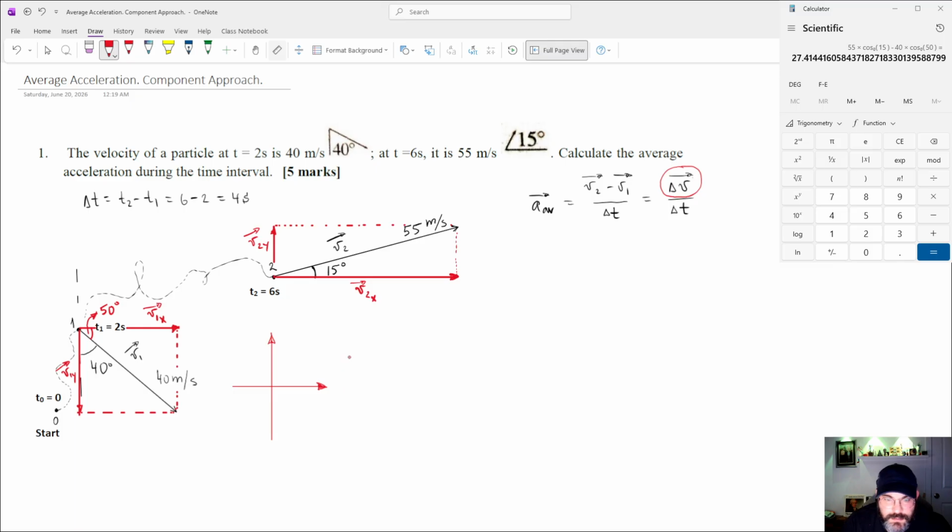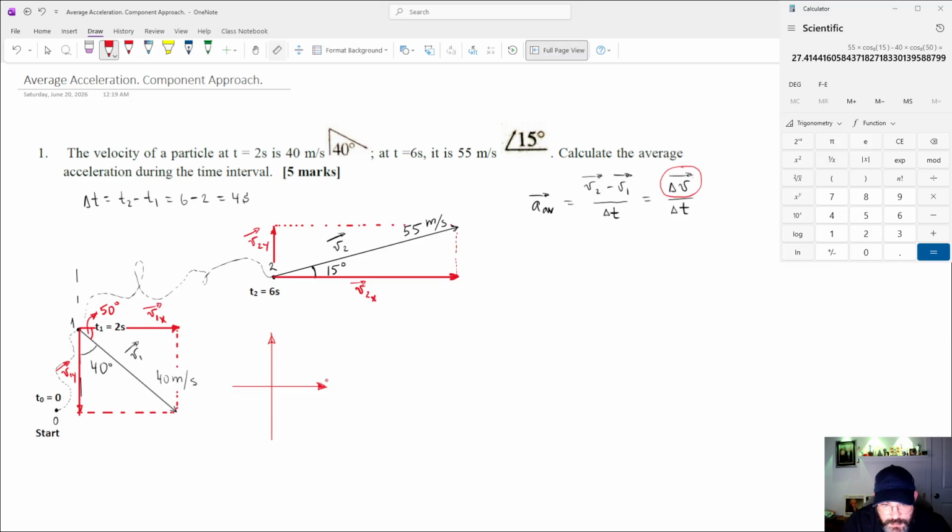So we will introduce a very simple convention, which will define signs in our component equations.